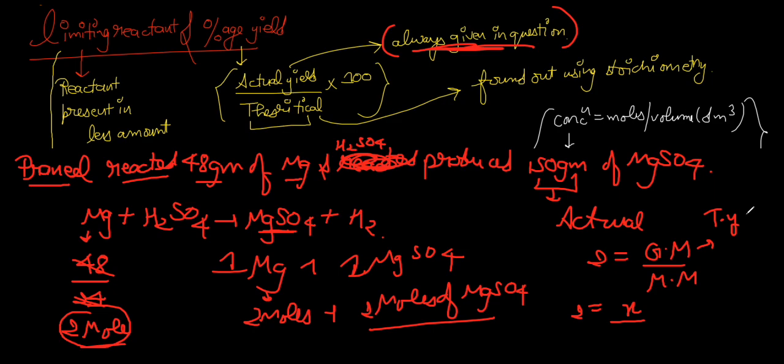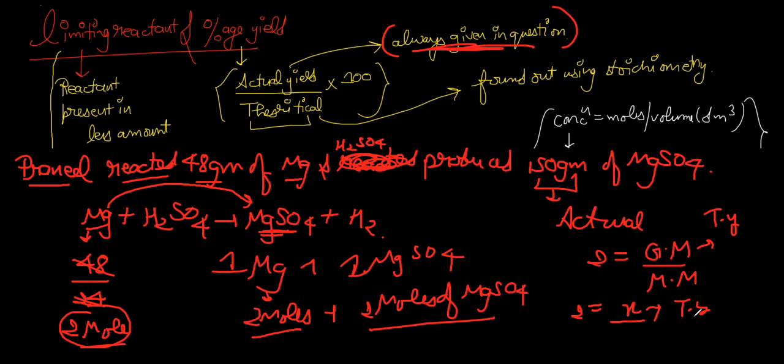Theoretical yield is the one you find out by applying the ratio to find the mass. That is the theoretical yield. Here I applied the ratio between Mg and MgSO4, where I first found out the moles. Now I'm trying to find out the mass of MgSO4. So that will be the theoretical yield.